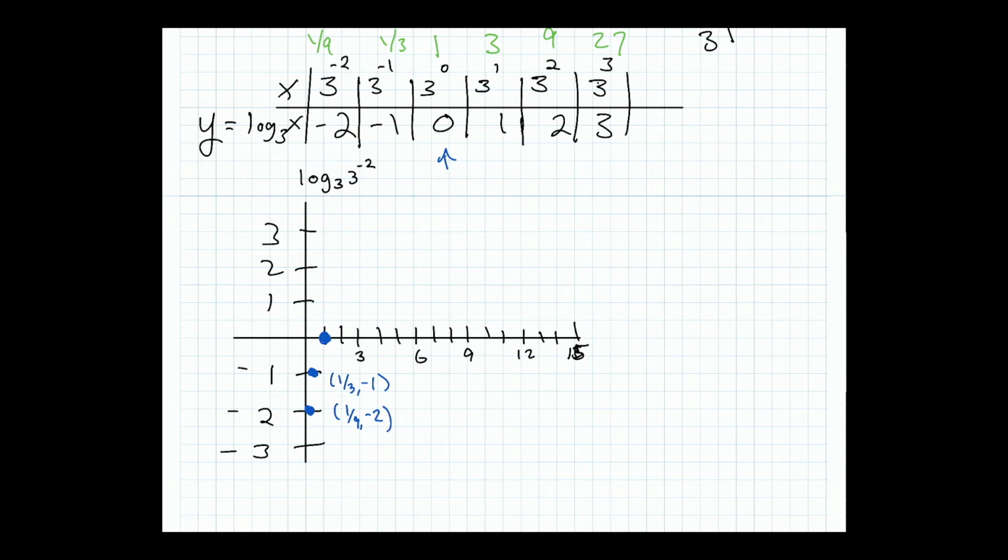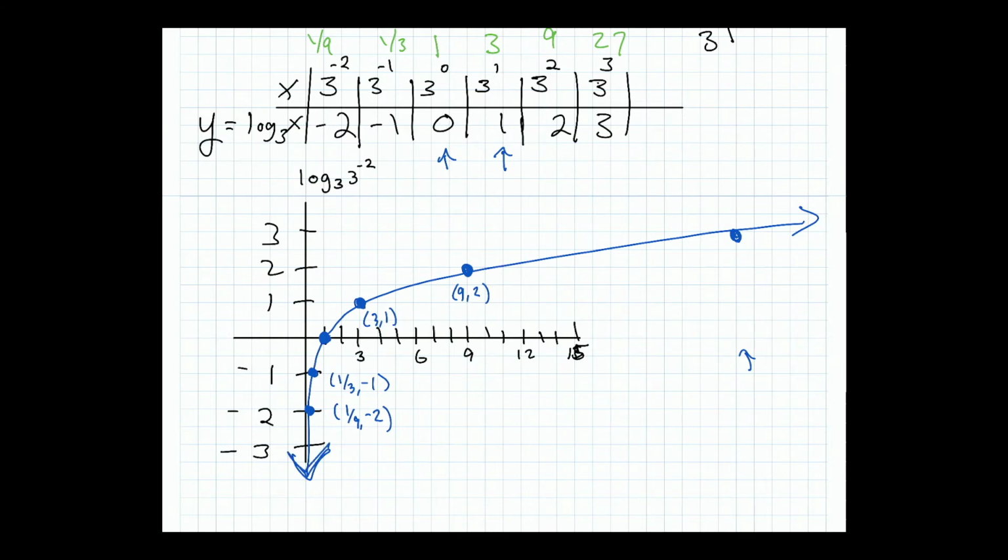Now we got to do this one, which is 3, 1. Then we've got 9, 2. And then the next one would be way over at 27, somewhere over here, and that would be up at 3. I'm not going to bother putting this in exactly the right spot, but somewhere over there. And so when you connect the dots, what you get for your graph looks something like that.